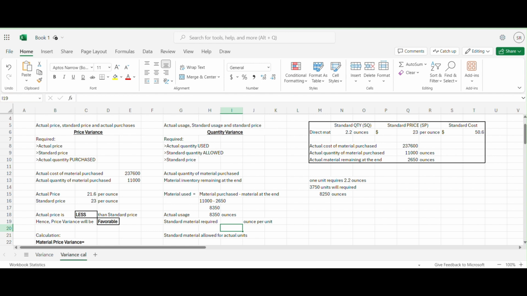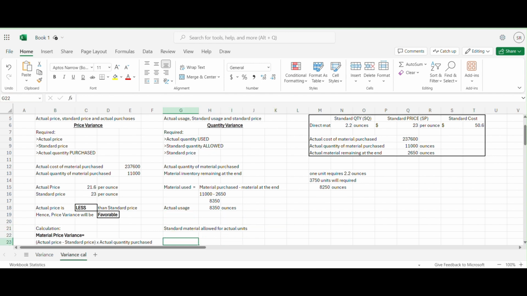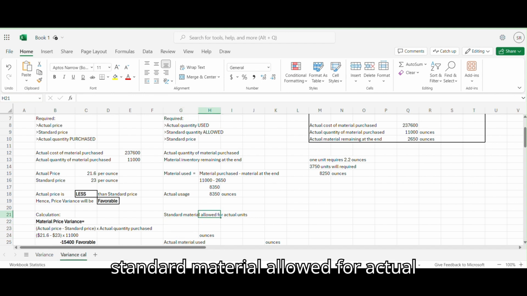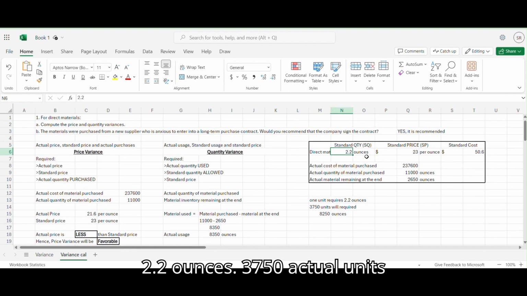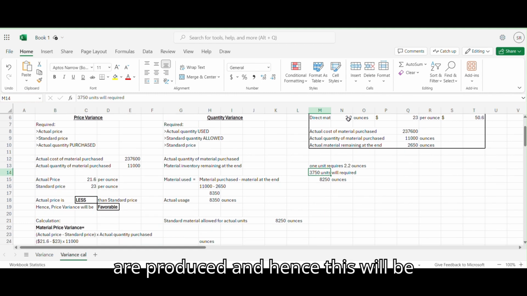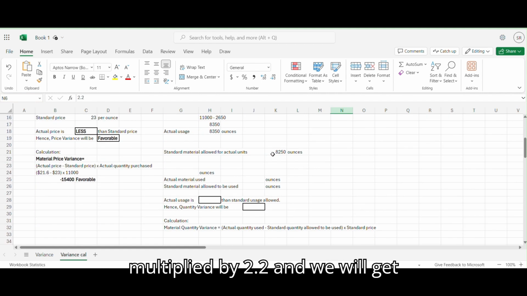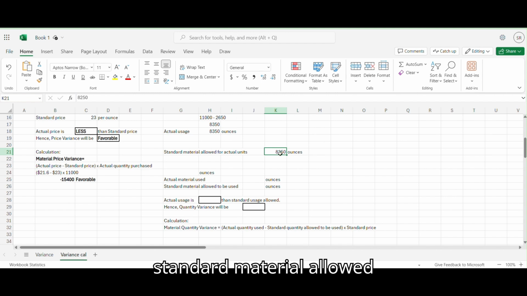So standard material allowed for actual units will be 8,250 ounces. It's very simple because 1 unit requires 2.2 ounces, 3,750 actual units are produced, and hence this is multiplied by 2.2 and we get the standard material allowed quantity of 8,250 ounces.